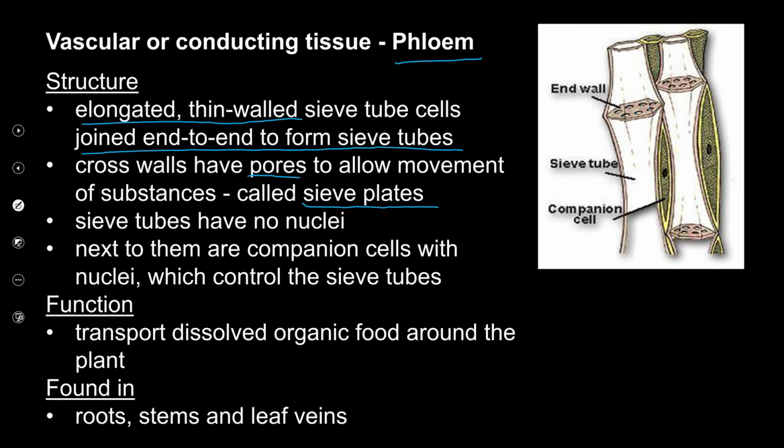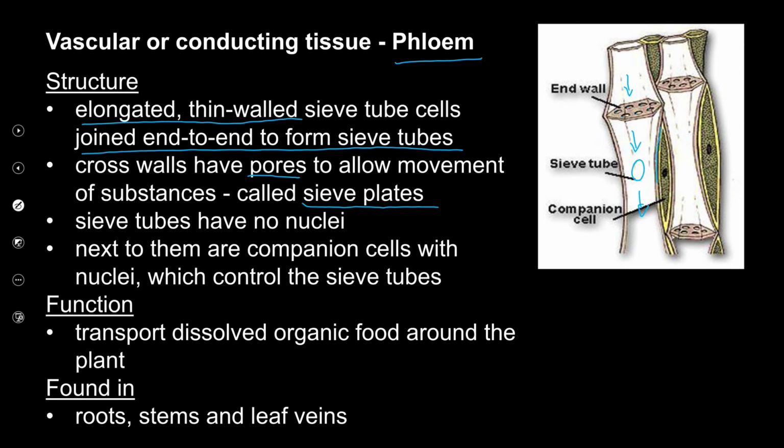The question now is, if they had a nucleus here, what would happen to that nucleus as substances move down? That nucleus would be pushed out of the cell. So it's not practical for the phloem cells to have nuclei.